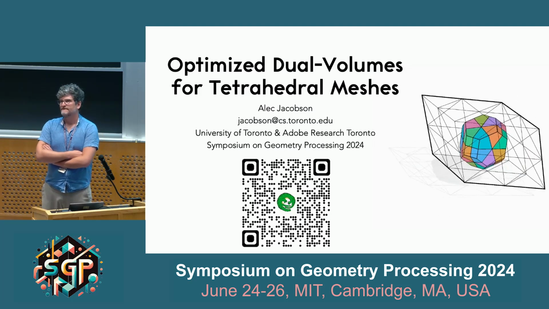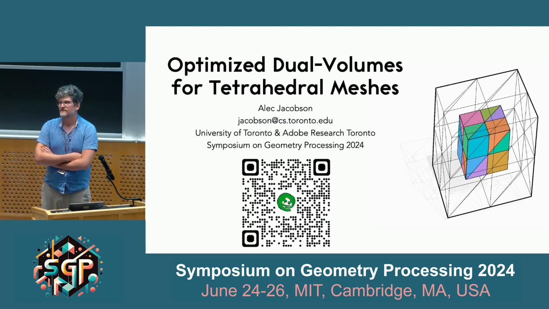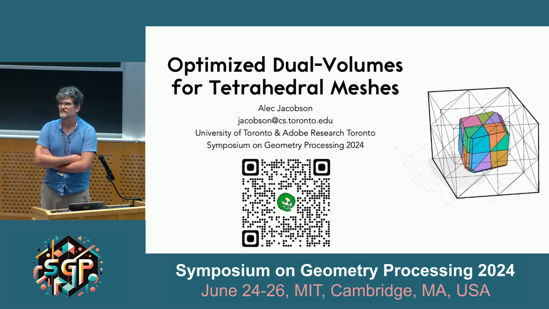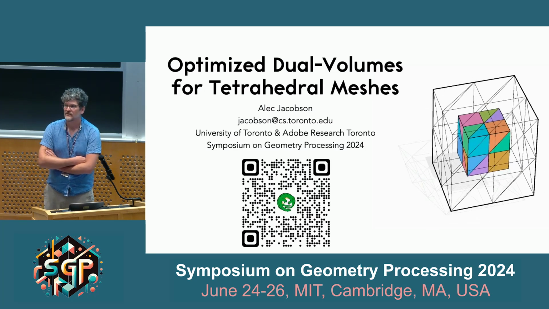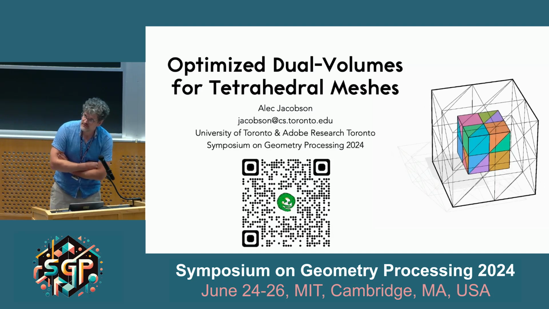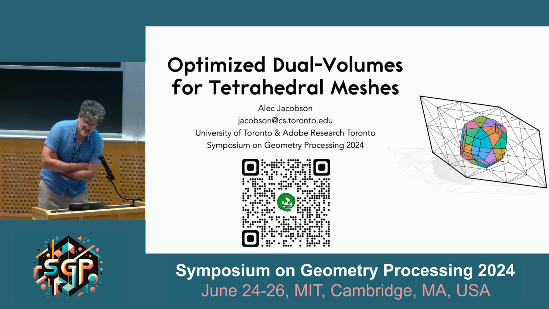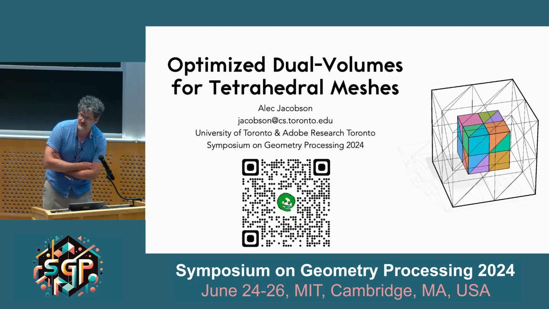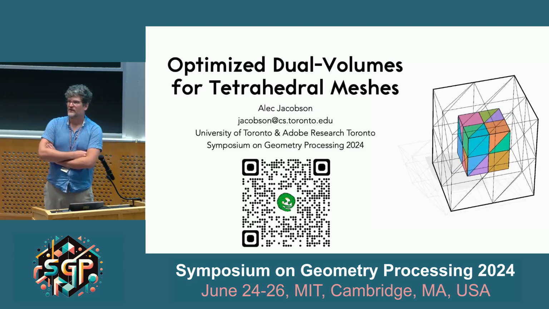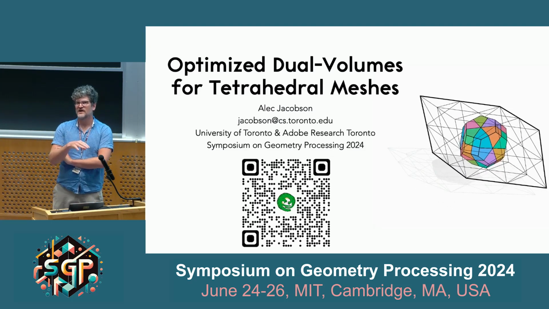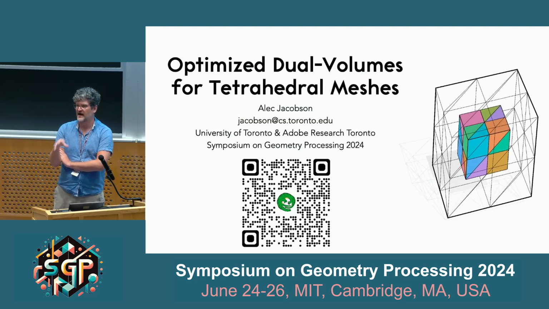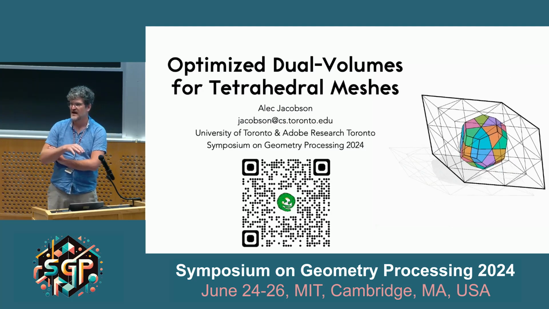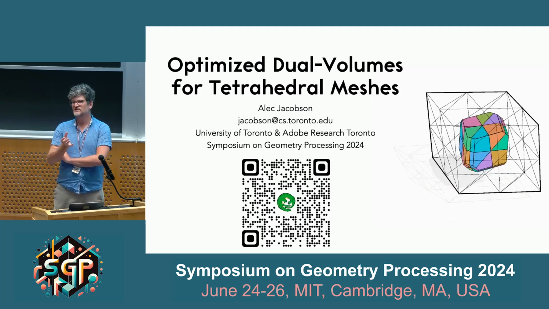Yes? I'm wondering if somewhere in your algorithm you use numerical quadrature, you integrate. Yes. So the question was, do I use numerical quadrature in the algorithm? In my optimization for the centers, I don't really need to use quadrature.